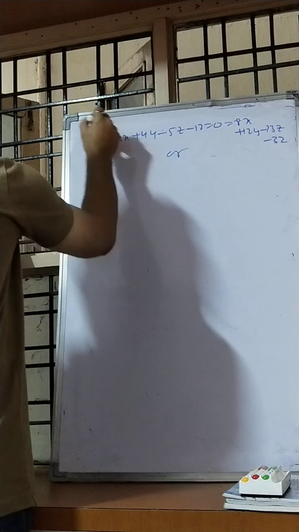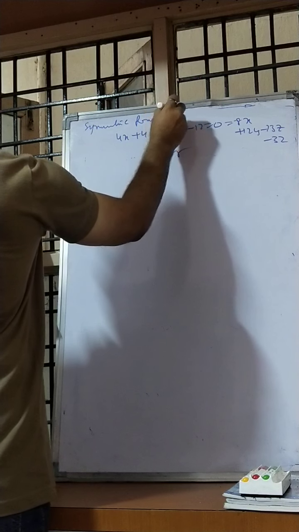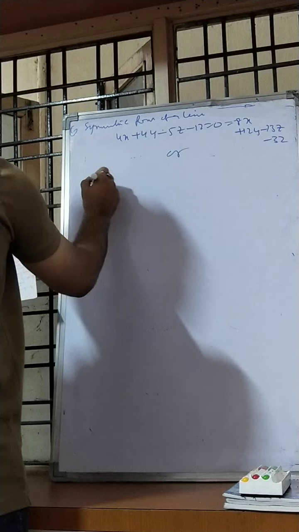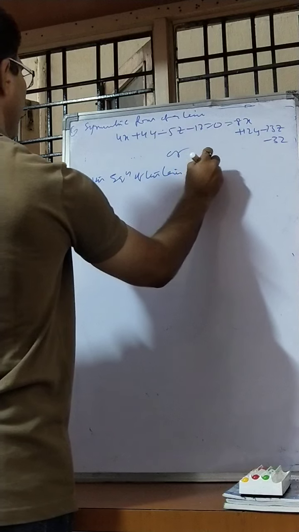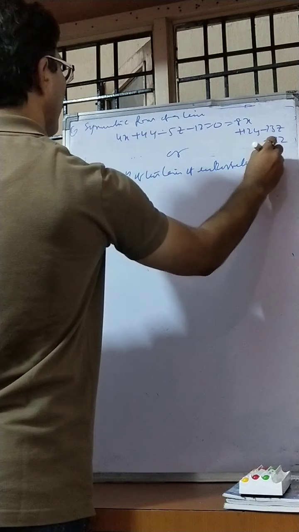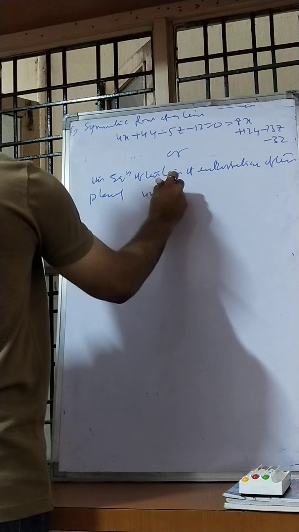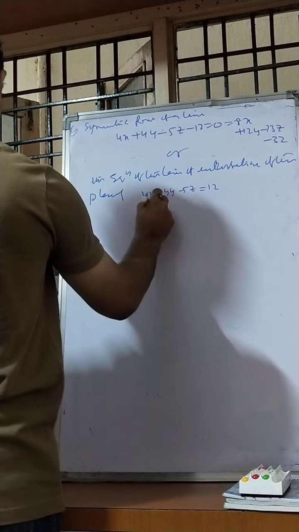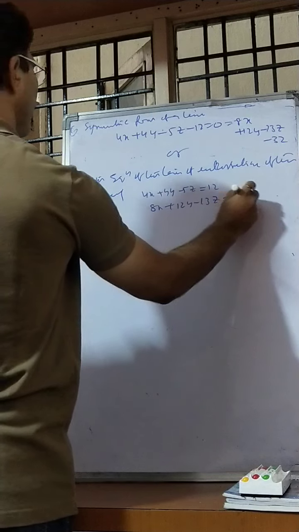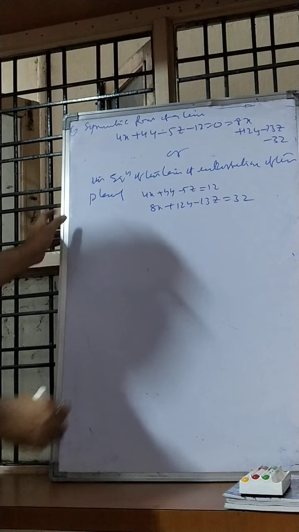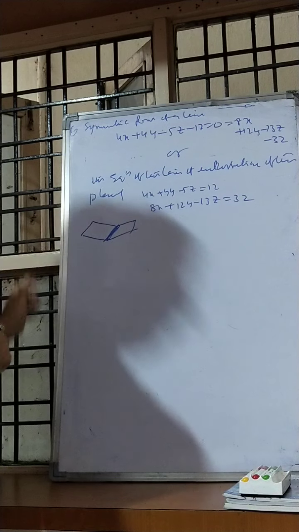Either they will ask for the symmetric form of a line like this, or they will give the equation of the line of intersection of the planes: 4x plus 4y minus 5z is equal to 12, and another one, 8x plus 12y minus 13z is equal to 32. So it is very simple. They ask you to find this line.